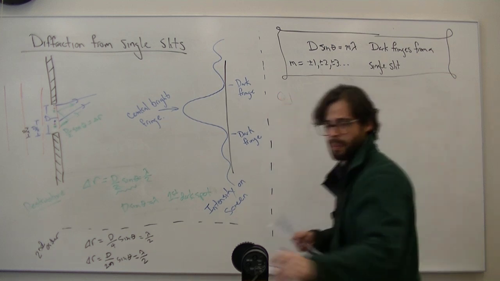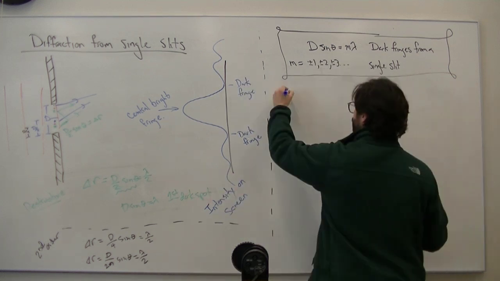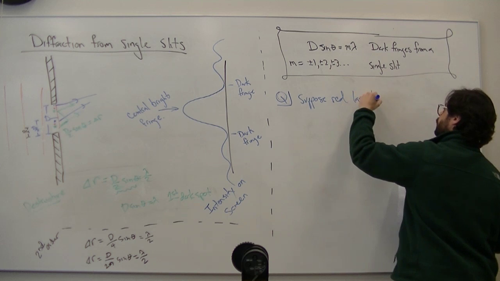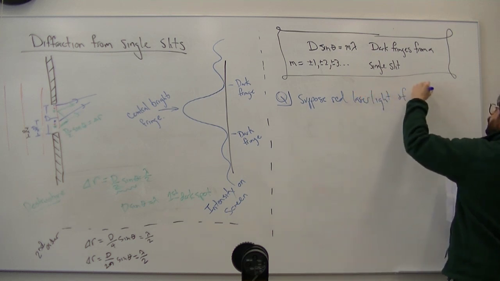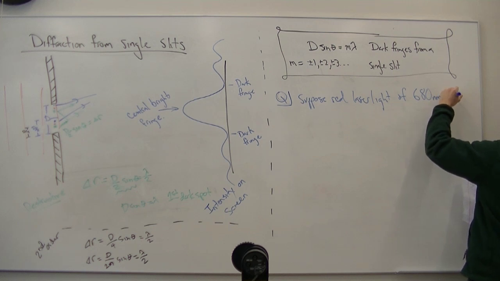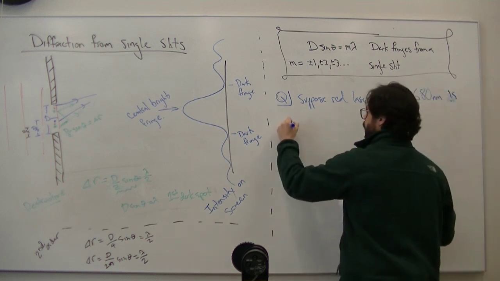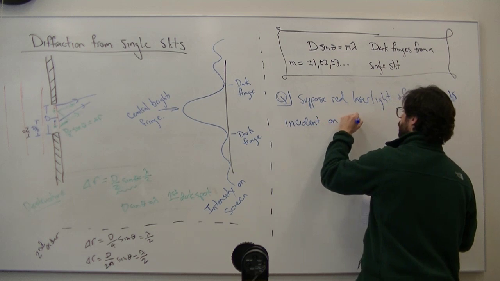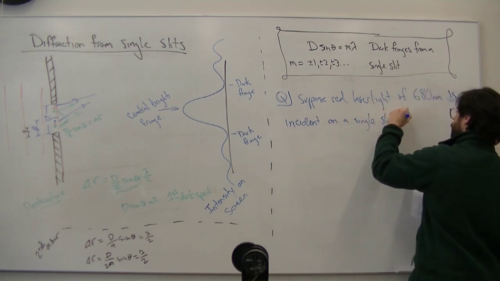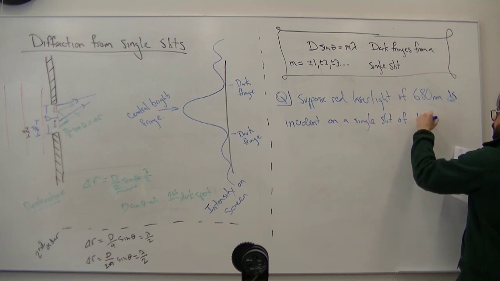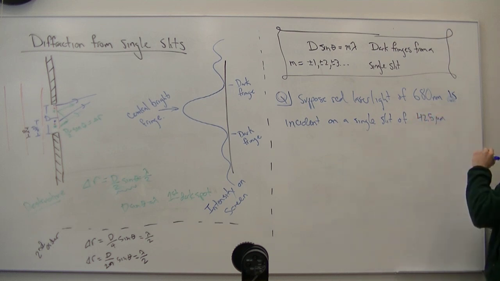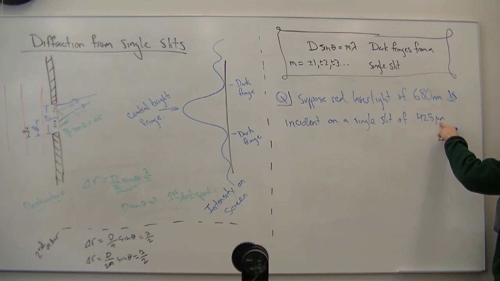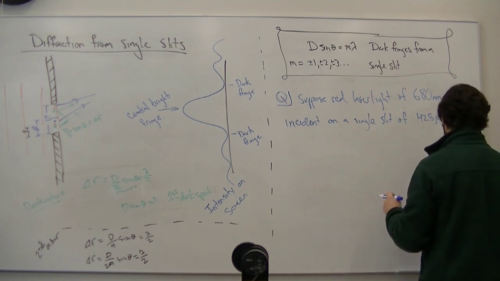So let's say that we have some red light, and it shines on a single slit of weirdly precise width. 42.5, that's a mu, so that's microns, so 10 to the minus 6, millionths of a meter.